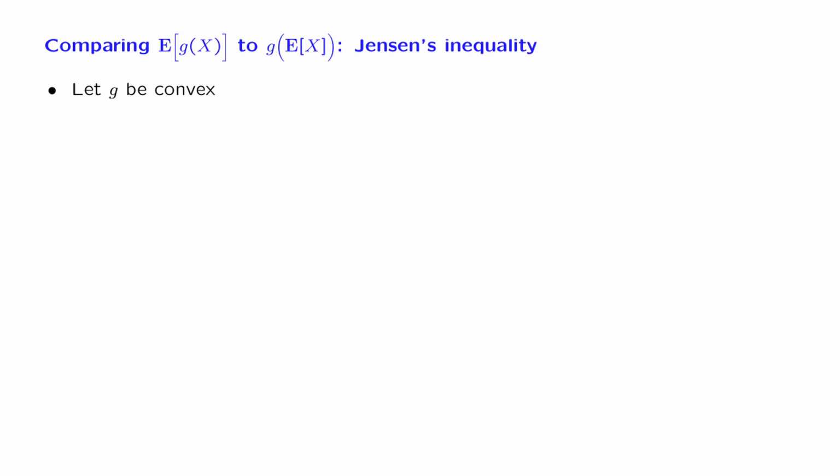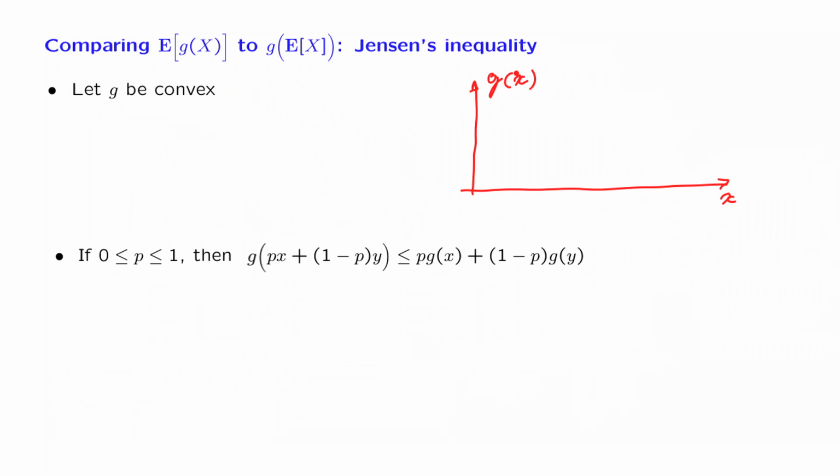Let us now step back and define more precisely what it means for a function to be convex. The most general definition is the following. If I take any 2 points x and y, and I take some number p between 0 and 1, then the number px plus 1 minus p times y is a weighted average of x and y, so it's somewhere in the middle.